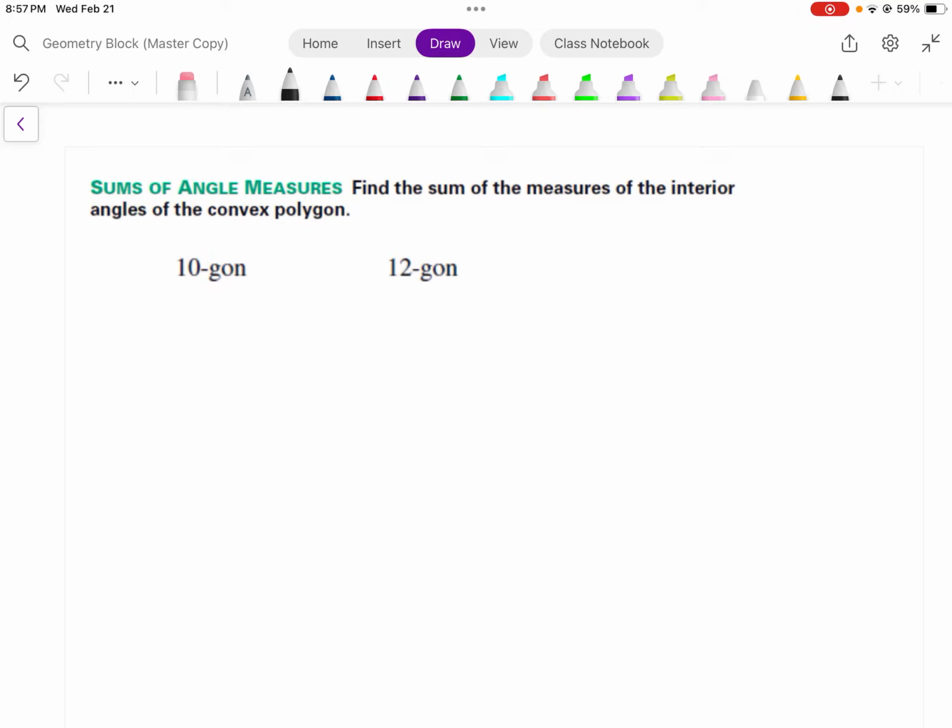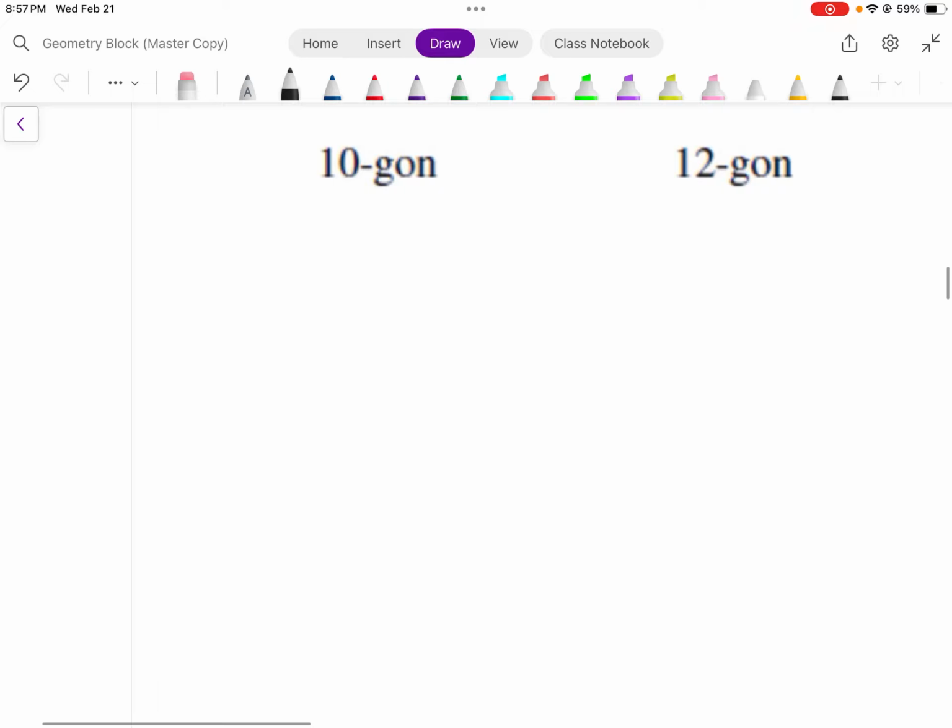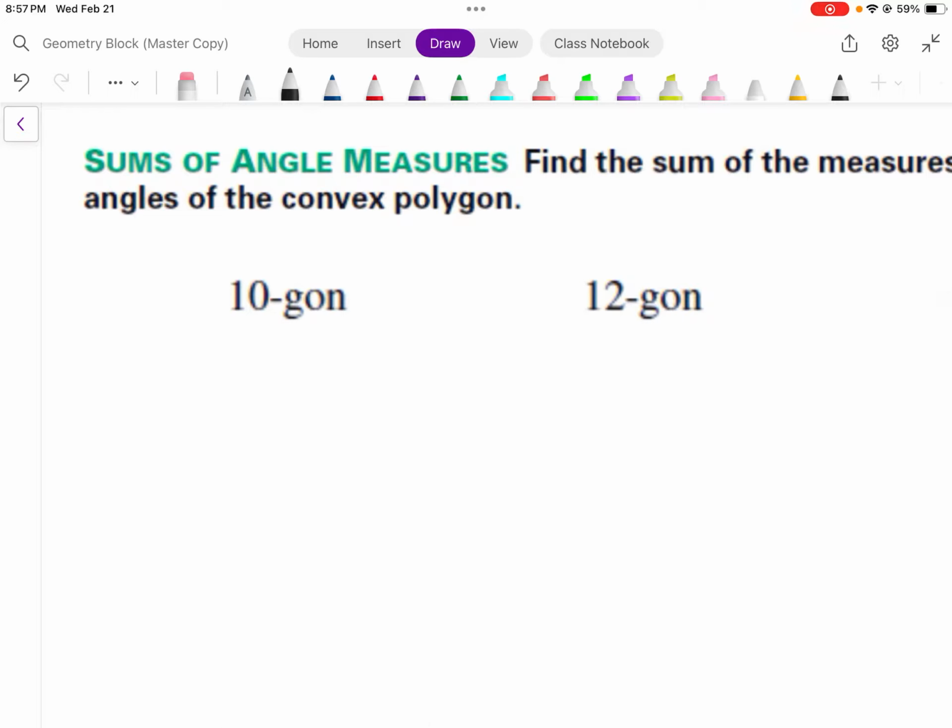All right, so sum of angle measures. Find the sum of measures of the interior angles of the convex polygon. So we got a 10-gon. That's 10 sides. So again, our formula to figure out the interior sum, n minus 2 times 180.